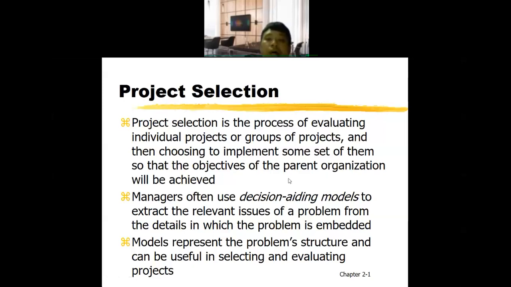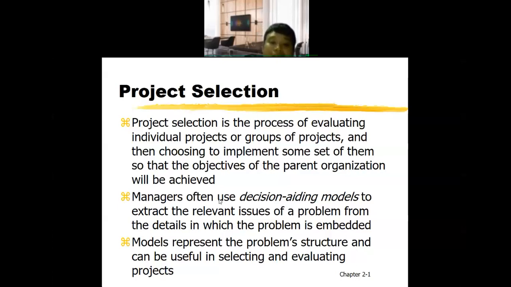So project selection is about evaluating. You need to evaluate individual projects or groups of projects and choose to implement some set of them so that the objective of the parent organization will be achieved. So project selection is evaluating to achieve some objective.